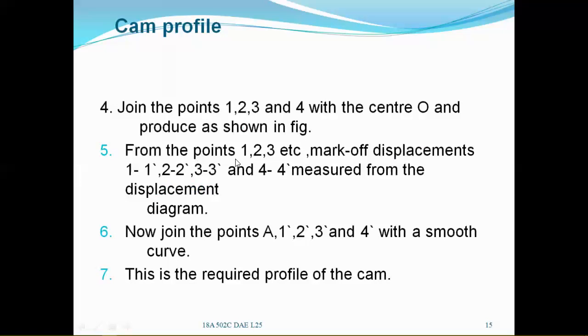From the points 1, 2, 3, etc., mark off displacements 1 dash, 2 dash, 3 dash, and 4 dash measured from the displacement diagram. Now join the points A, 1 dash, 2 dash, 3 dash, 4 dash with a smooth curve. This is the required profile of the cam.